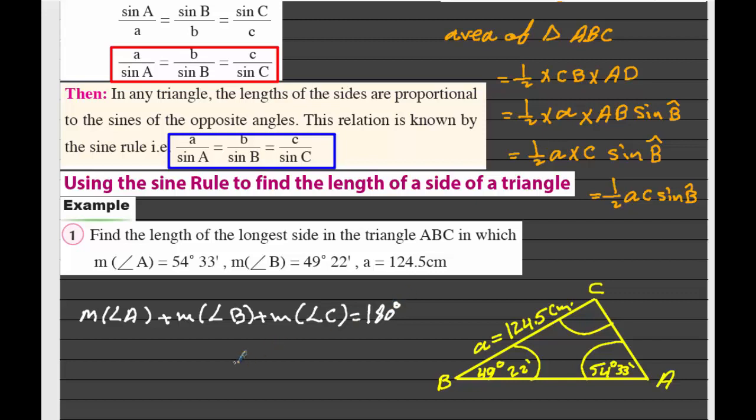It is the sum of the interior angles of any triangle, which equals 180 degrees. So the measure of angle C equals 180 degrees minus the measure of angle A plus the measure of angle B.